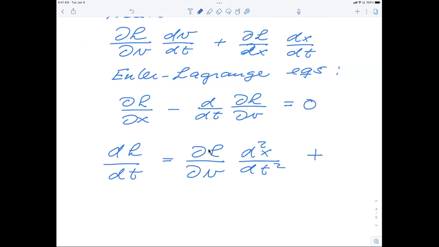Then I get plus, and now I'm going to use the Euler-Lagrange equation, replacing this term with the quantity you see here.